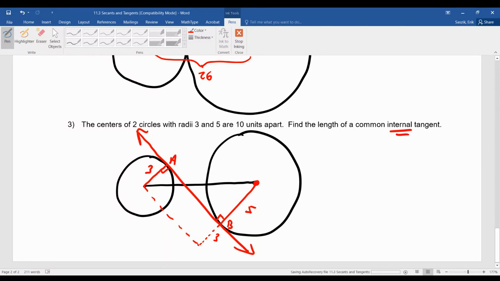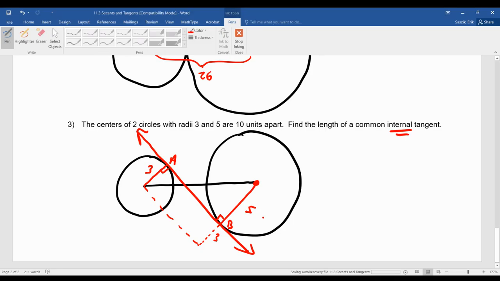Now, I've also created this big right triangle here. Okay, now look, we got a leg of 8. And remember, the distance here between the centers is 10.